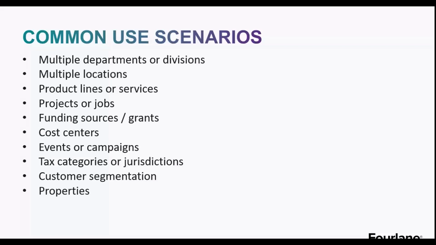Cost centers, same thing, same idea there. Events or campaigns. How much money did this campaign generate versus how much came out of it, right? If you're running different fundraising events, that could be helpful to know. Tax categories or jurisdictions.